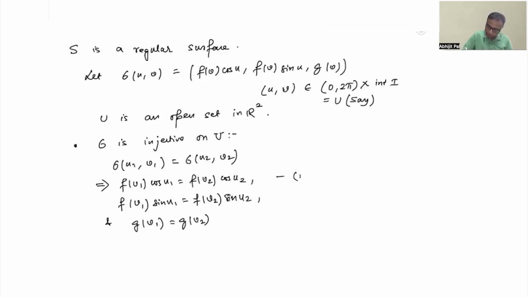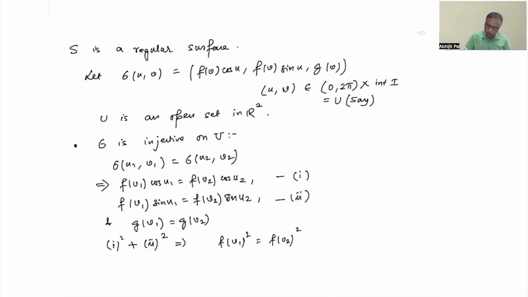Let us take the first equation to be 1 and the second to be 2. If I take the square of equation 1 and add it with the square of equation 2, then what we'll get is that f(v1) squared will be equal to f(v2) squared.